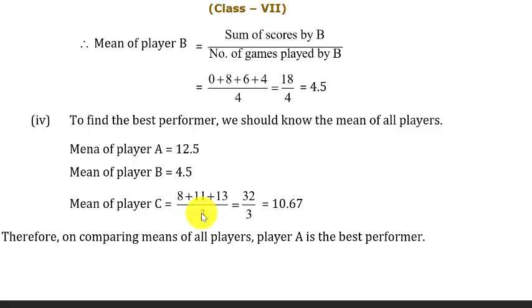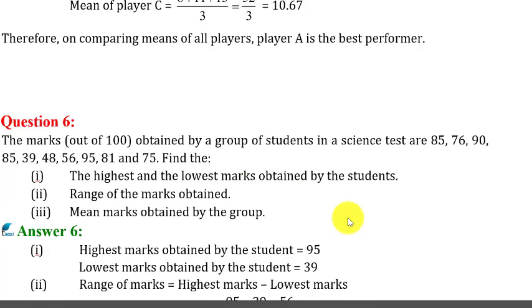We have to divide by 3 here. So 8 plus 11 is 19, 19 plus 13 is 32. So 32 by 3 is 10.67. So by observing these means, we can say that player A performed best. Therefore, on comparing the means of all players, player A is the best performer.